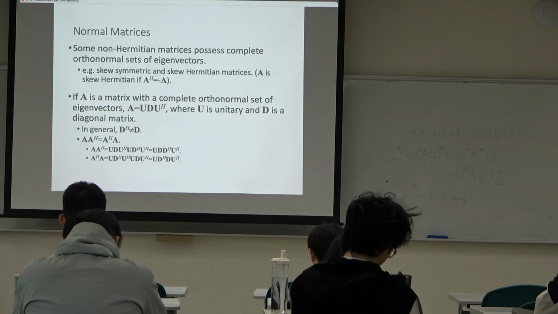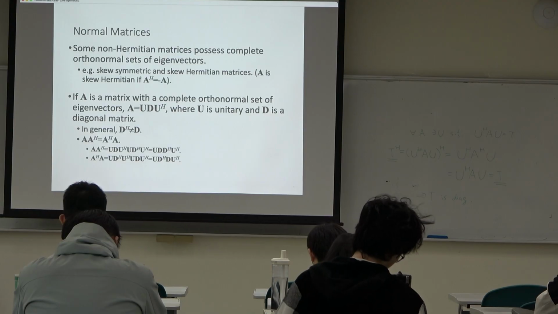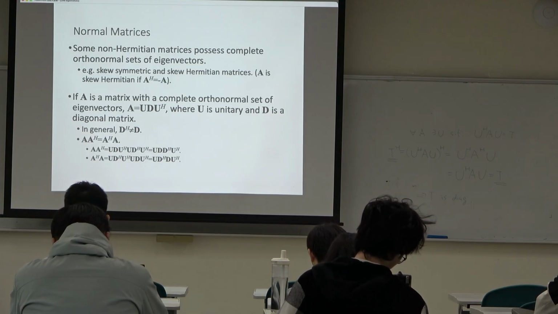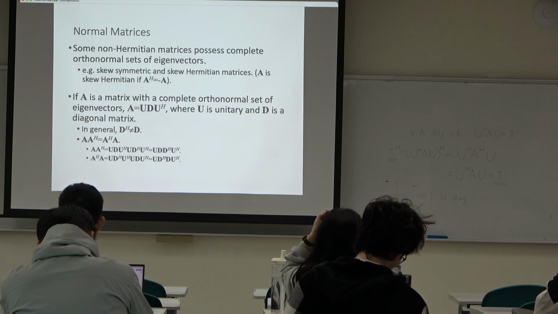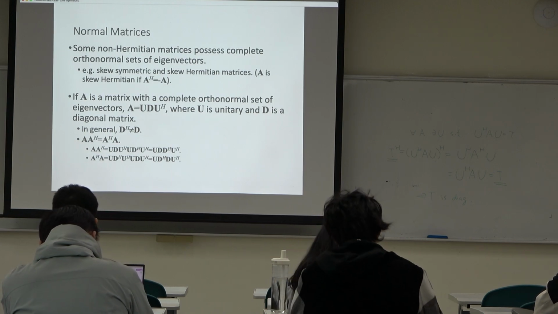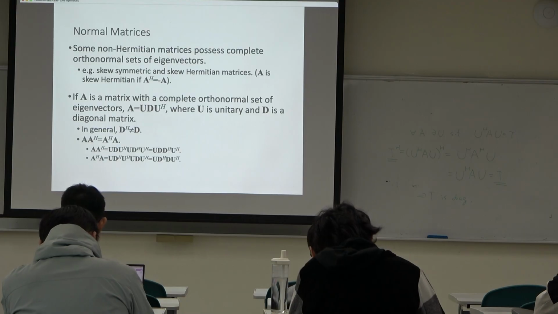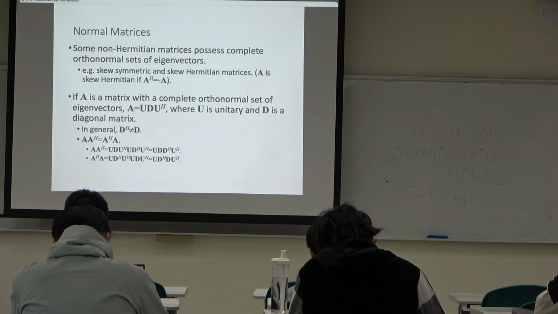We can even prove that all the eigenvalues of skew Hermitian matrices are imaginary. The proof goes similarly to the one we did for Hermitian matrices, where the eigenvalues are real. Remember, we did that proof. You can check it out by yourself.